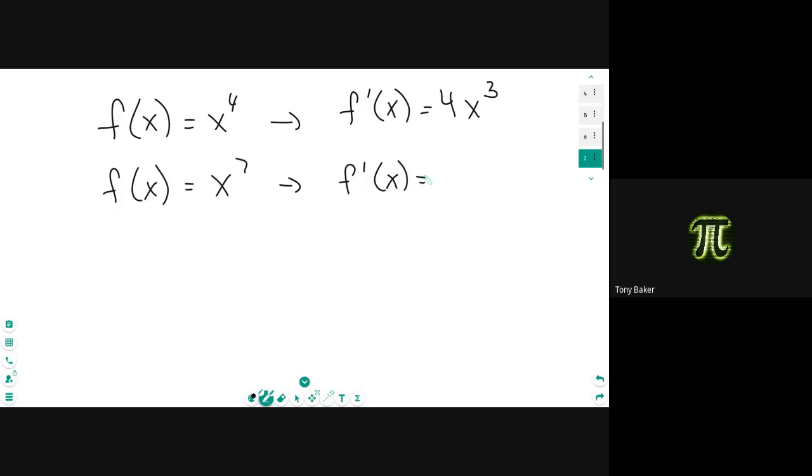So what's the derivative if it's x to the seventh? Seven x to the sixth. You bring the degree down and then you subtract one. You always bring the degree down first and then subtract one.